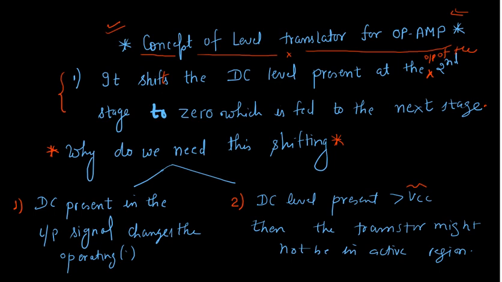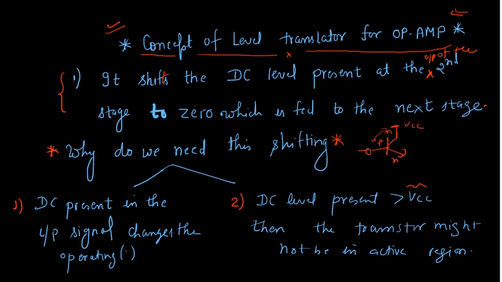Because if we are using an NPN transistor, this junction will be in reverse bias and this will be in forward bias. So if our input becomes, for any instant, greater than VCC, then this junction will not be forward biased, and this will violate the condition that we are using this transistor as an amplifier, which happens only when the transistor is in active region.